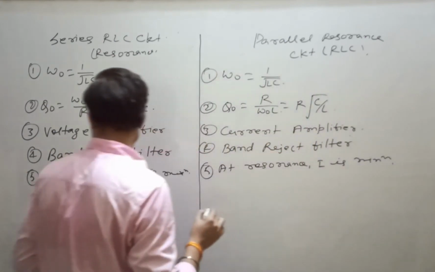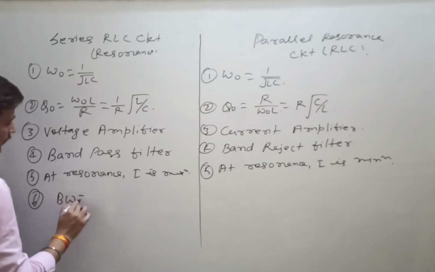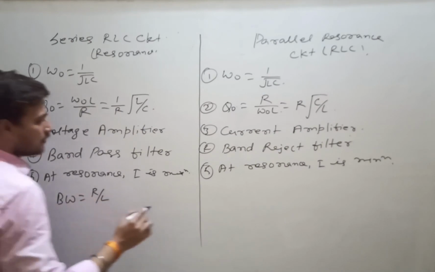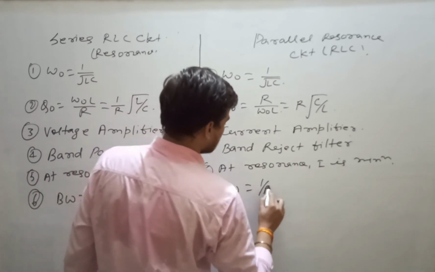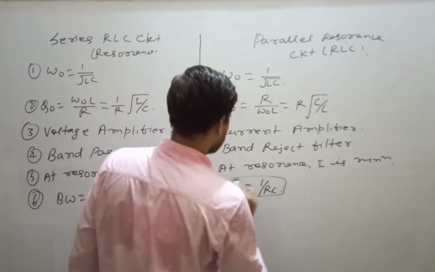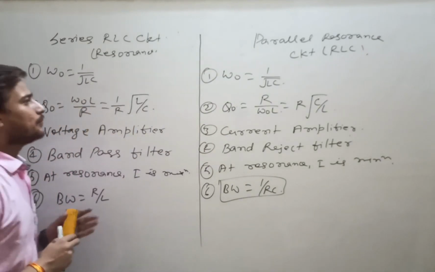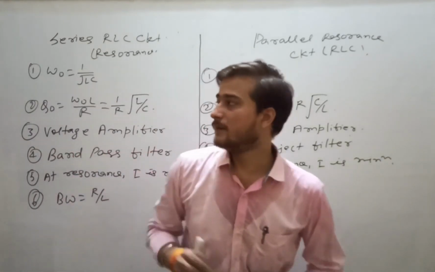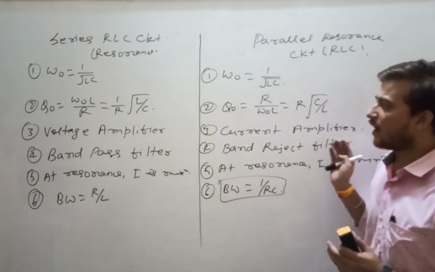Clear? Sixth, the bandwidth is equal to R by L. Here you see the bandwidth is equal to 1 upon RC. So these are some basic differences between series RLC circuit and parallel RLC circuit.